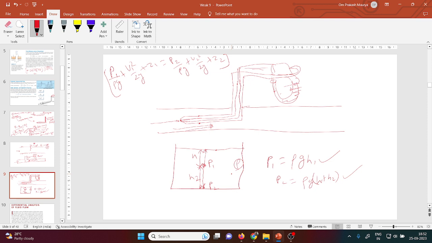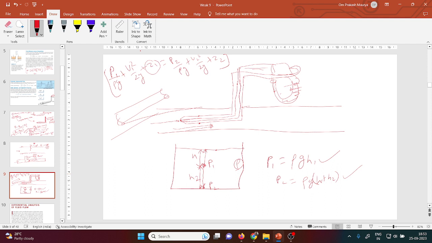But here, when you apply the Bernoulli equation, this z term represents the datum. Let's say I have taken the datum from here. What will happen?